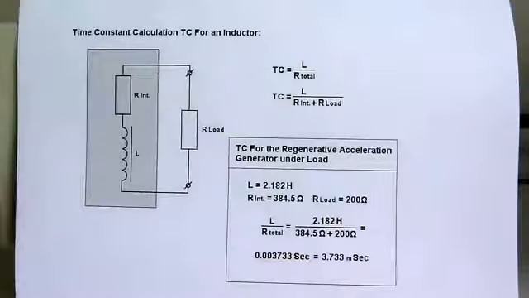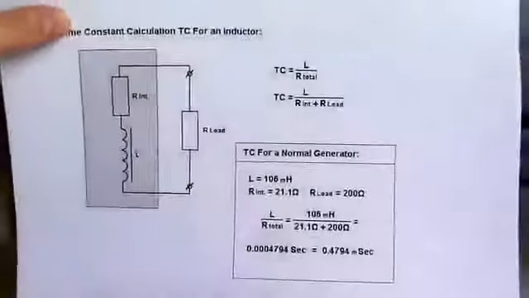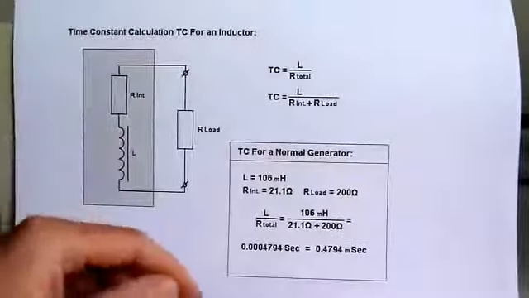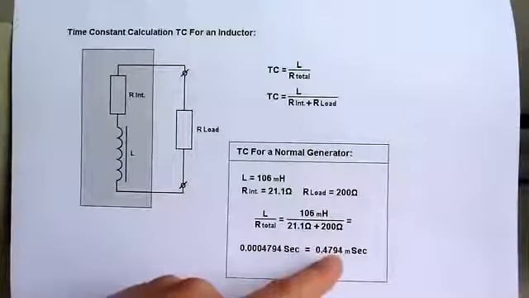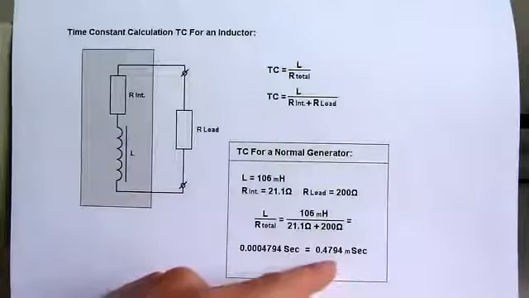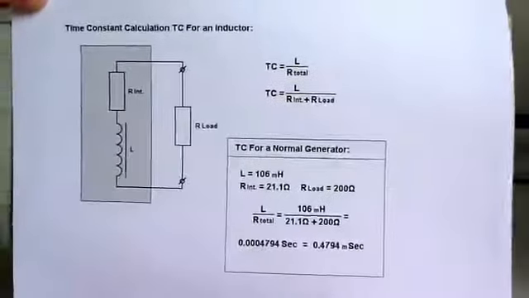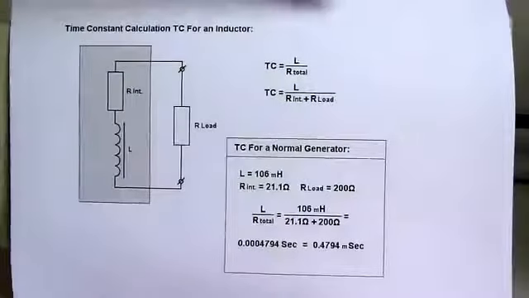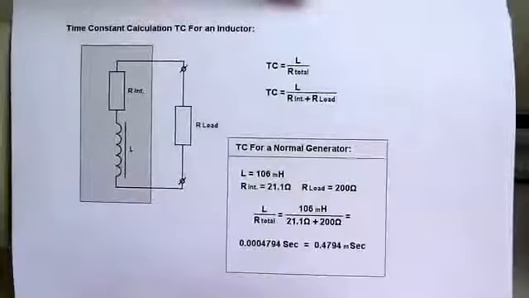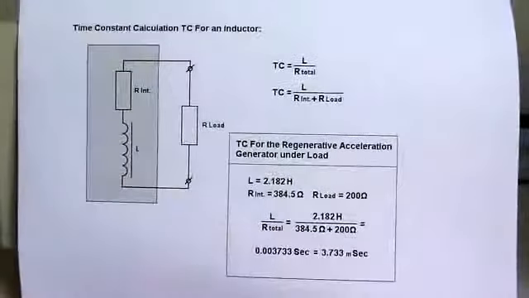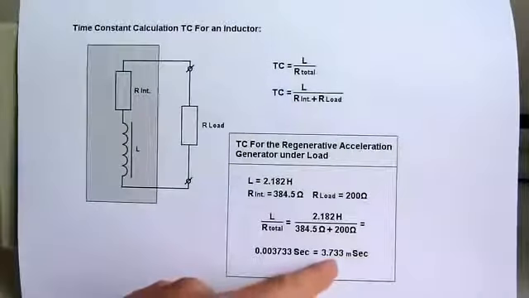Comparing one more time, for the normal generator coil, high current, low impedance, this time constant value is really small, so the back EMF develops really fast. So in normal generators rotor drag is introduced really fast, while in the regenerative acceleration setup this time constant value is almost 10 times as big.